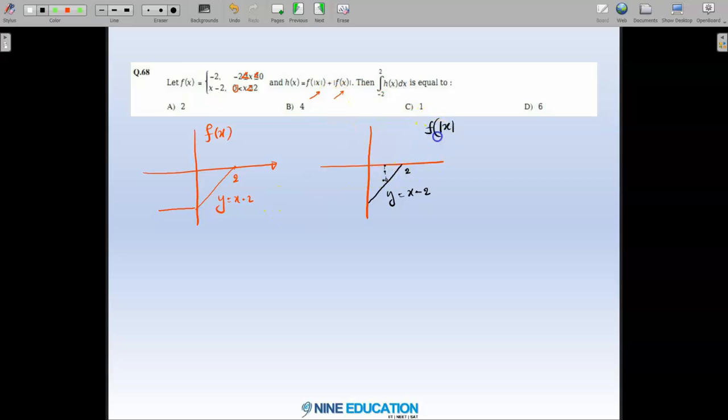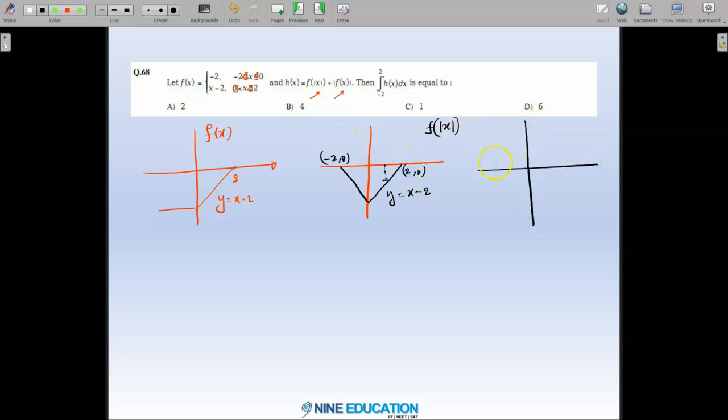So anyways the input will be same. If you put x equal to 2 or x equal to minus 2, the input to the function is going to be the same. So it means it will be symmetric about the y-axis, and therefore it will be like this. A triangle kind of formation will be there. This is minus 2 comma 0, this is 2 comma 0. This is f of mod of x.